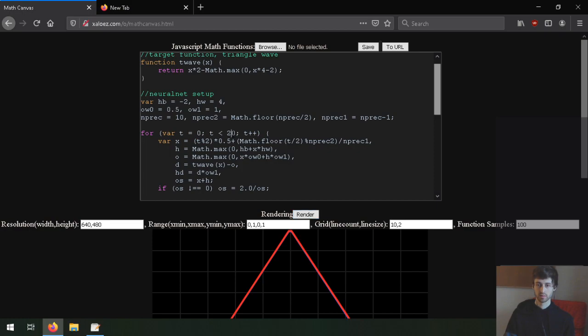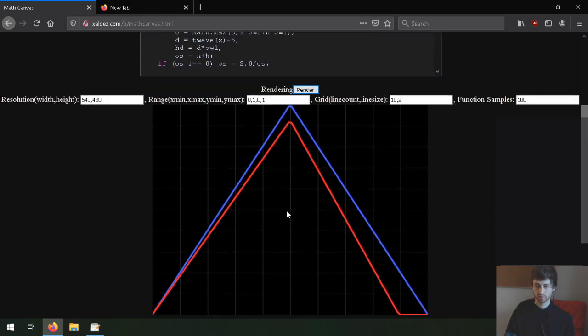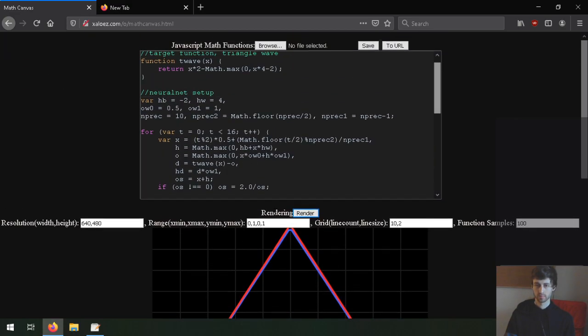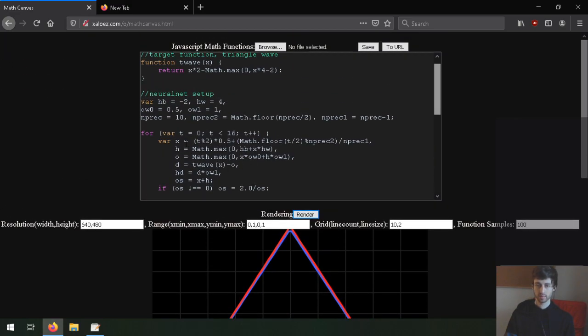Nice. Alright, basically 20 iterations. Beautiful.